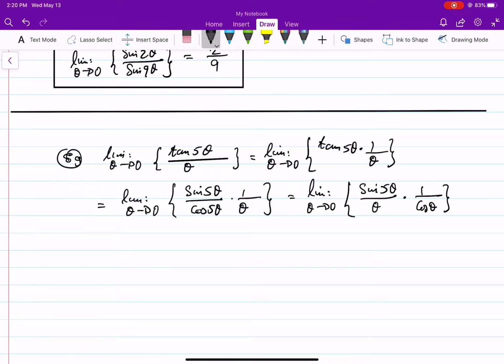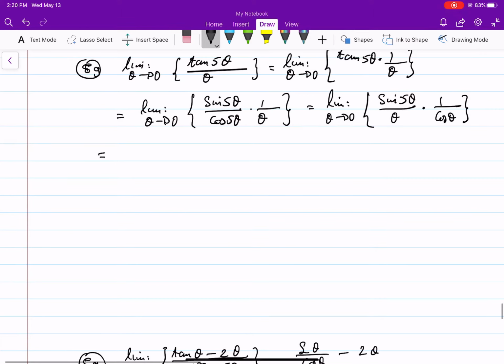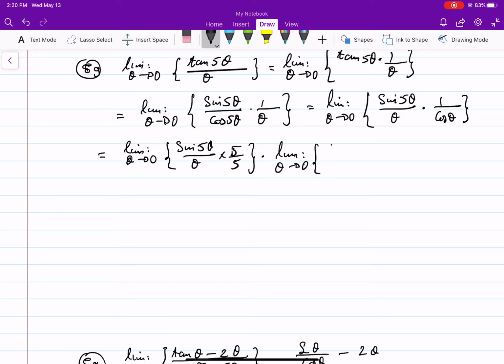The limit operation distributes over multiplication, so we can split this into two separate limits. This becomes the limit as theta approaches 0 of sine 5 theta upon theta, but then we know what to do with this already. So why don't we just multiply top and bottom by 5 one time? Times the limit as theta approaches 0 of the 1 upon cos 5 theta.